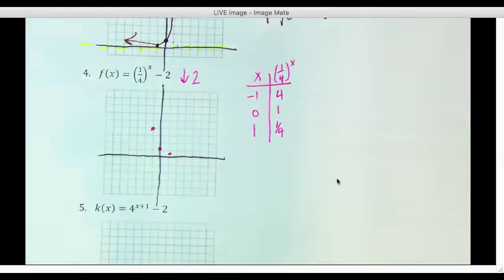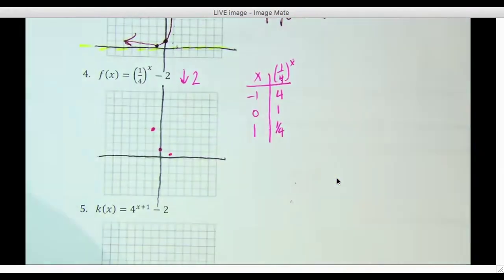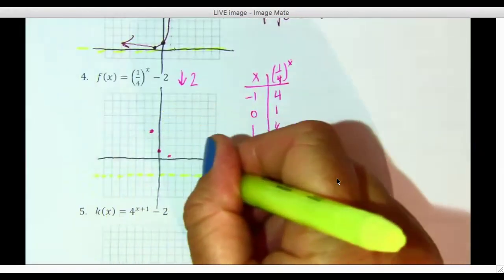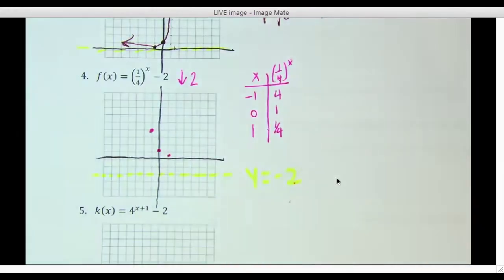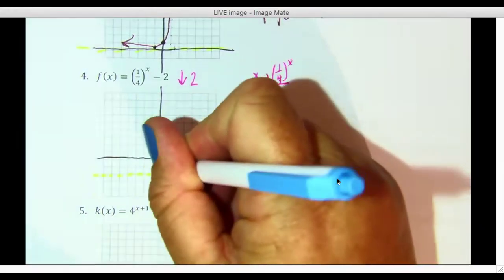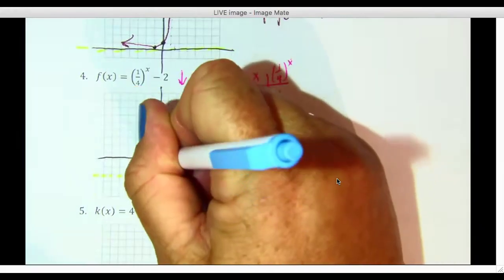But in addition to those shifting down 2, my asymptote is normally the x-axis. It will also shift down 2. So now we'll be here at y equals -2. So all of these points are moving down 2. And that is the graph that I'm actually interested in graphing.